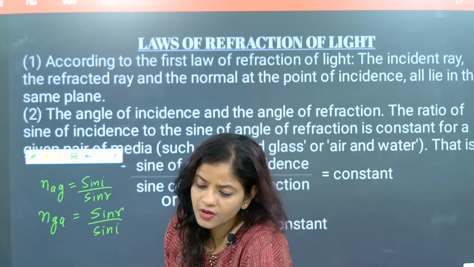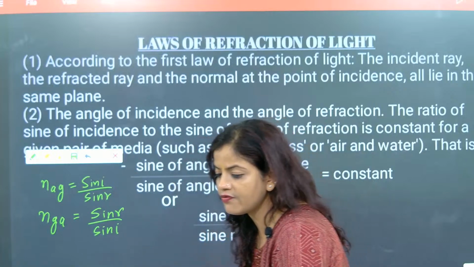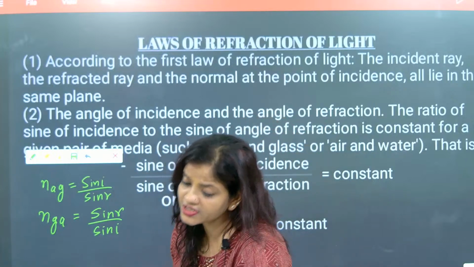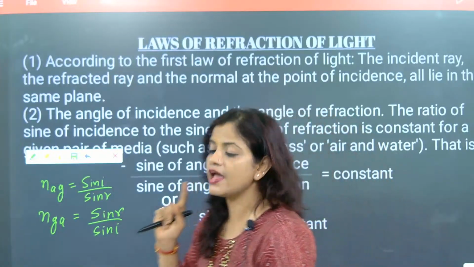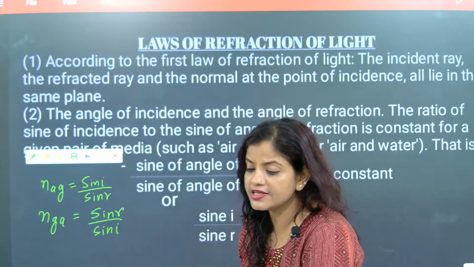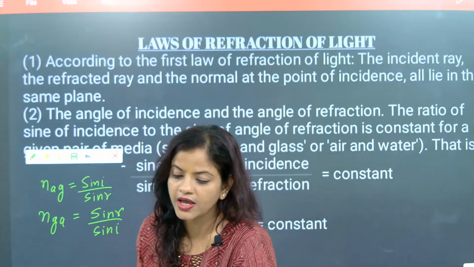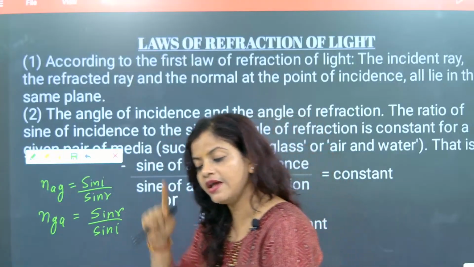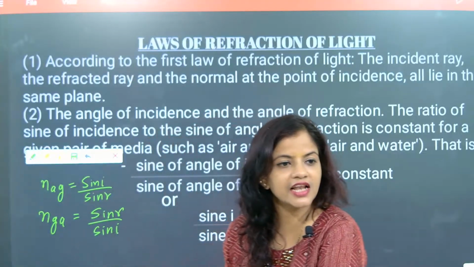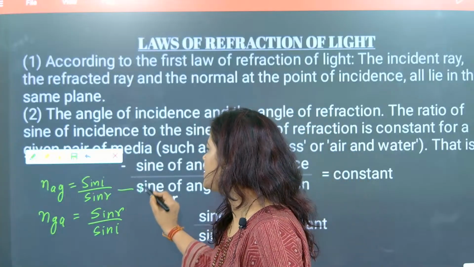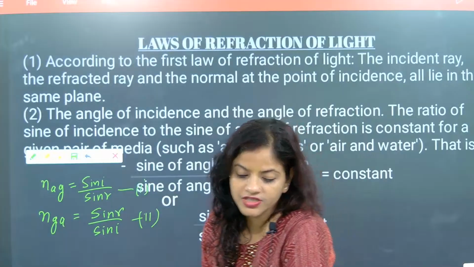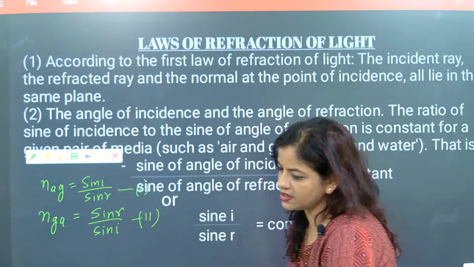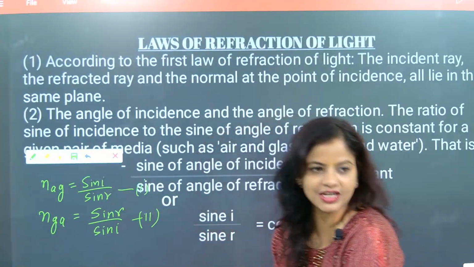The first case is air to glass, the second case is glass to air. Now beta, shall we multiply them together? In simple format, we can multiply together, correct?